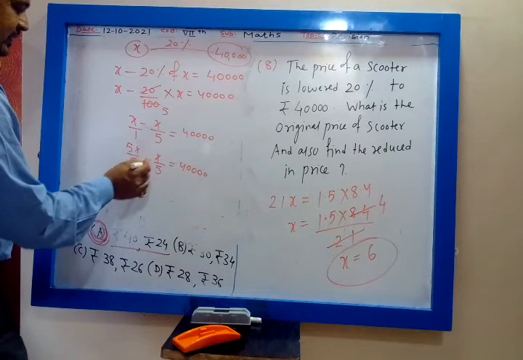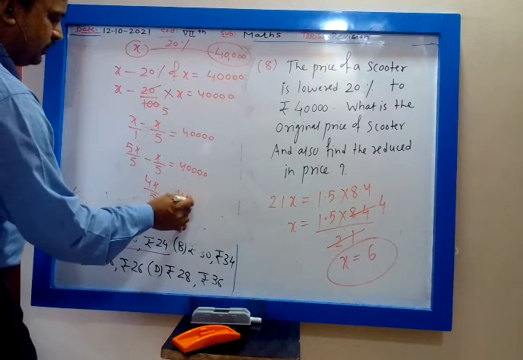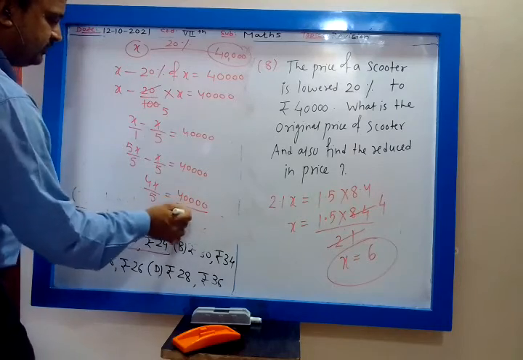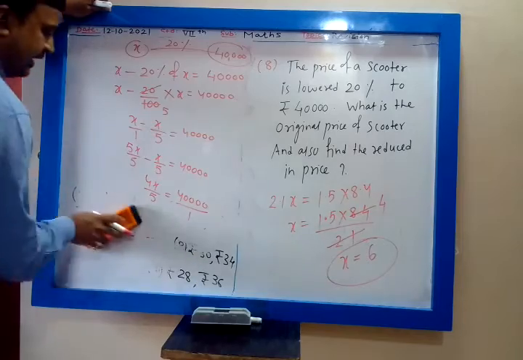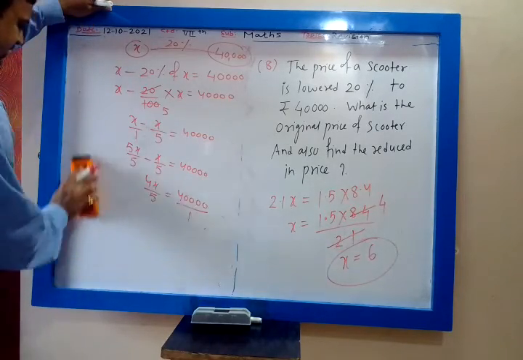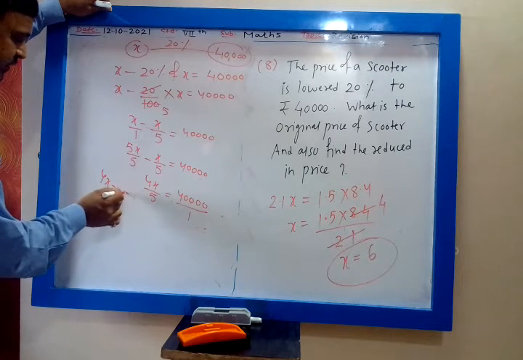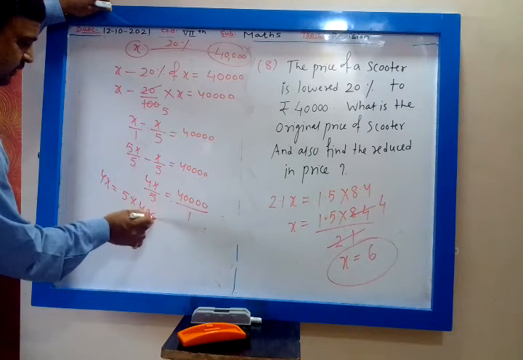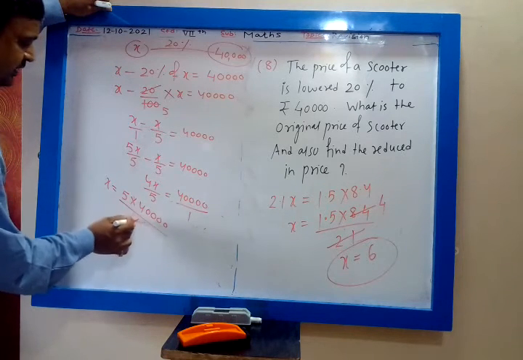So 5x minus x, 4x. 4x upon 5 is equal to 40,000 upon 1. Is it clear, my dear? Cross multiply. So 4x is equal to 5 into 40,000.